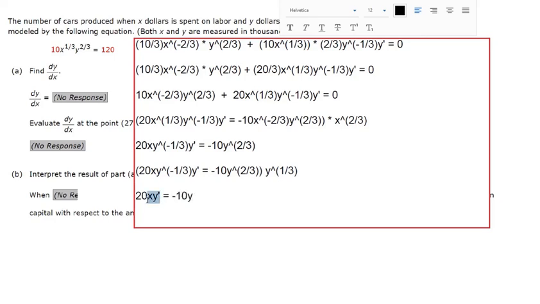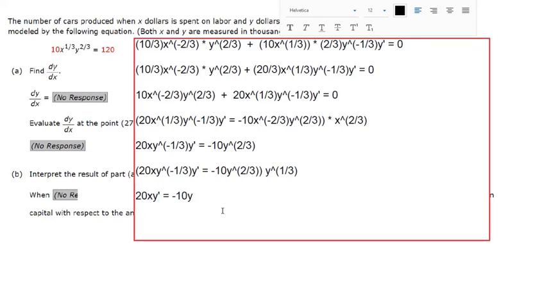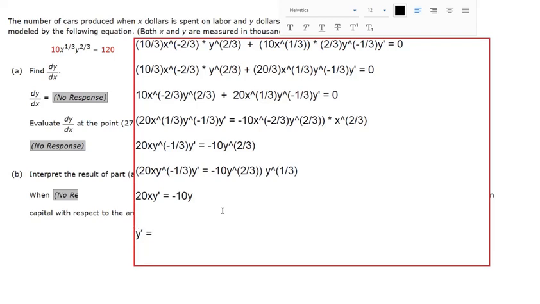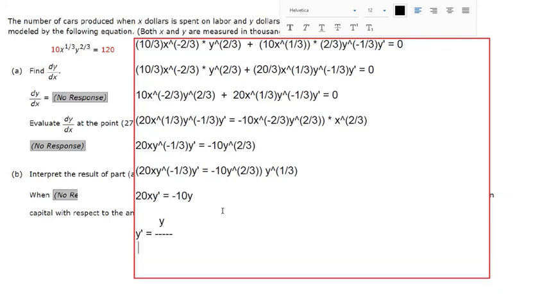So we're even closer to getting y prime by itself. We just need to divide 20x from both sides. So we got -10/20, that's -1/2, sorry, so that should be a negative sign up front. And we add an x in the denominator. So when you divide both sides by 20x, that's what you should get.